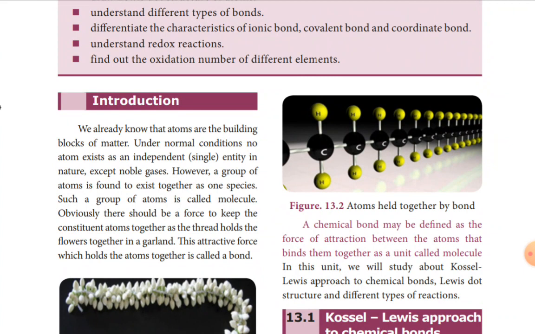Such a group of atoms is called a molecule. You have to underline that. Atoms combine to form a molecule. Obviously, there should be a force to keep the constituent atoms together, as the thread holds the flowers together in a garland. This attractive force which holds the atoms together is called a bond.